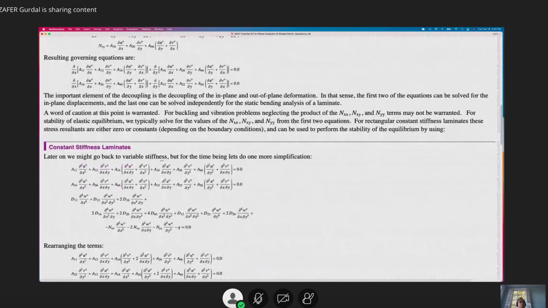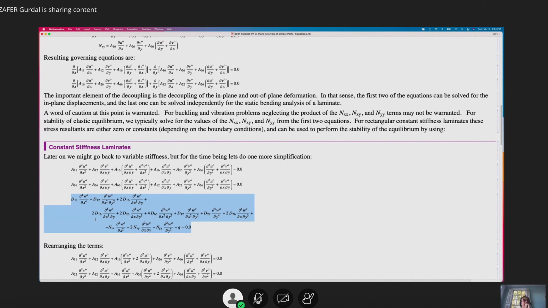If we go to the bending case and put the Nx, Ny, and Nxy into the bending equation, then we have a third equation for the W. Now the first two equations, the constant stiffness limit, I also put the derivatives pulling the constants out.